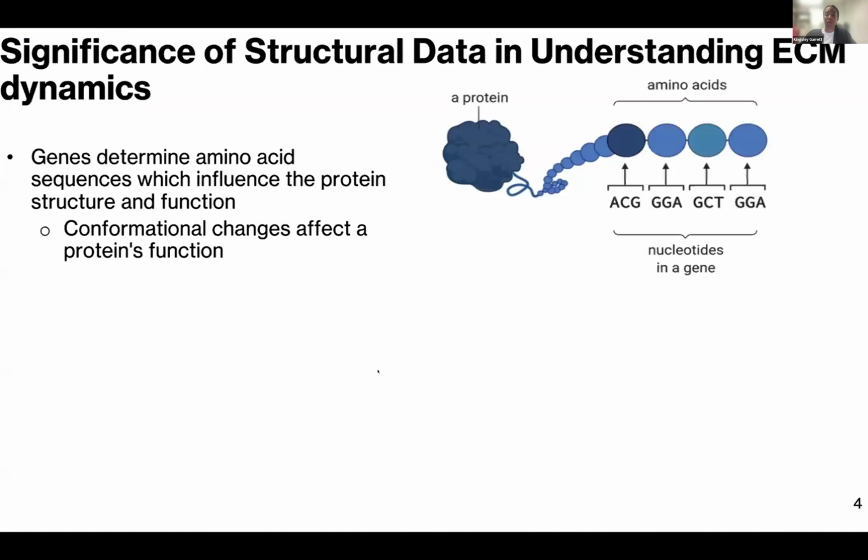And so moving on to being able to understand ECM biology, it requires having detailed structural data. So a dogma that we're all familiar with is that proteins are made of amino acids, and these amino acid sequences are determined by the genes that code for them. And so we want to study these structures to observe conformational changes because the changes that these proteins undergo can affect their function.